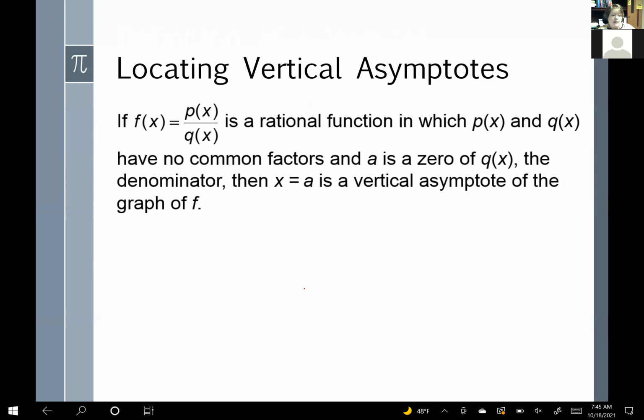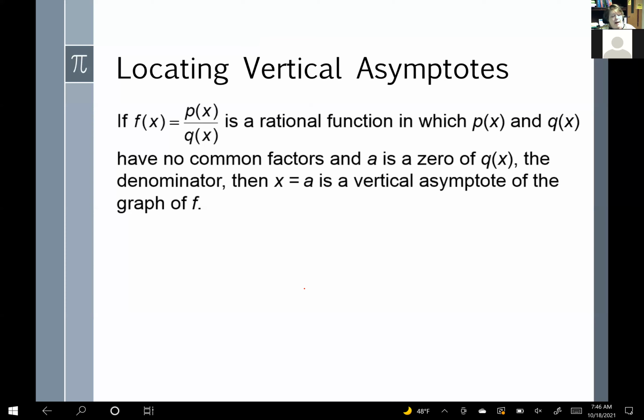You're going to set the denominator equal to 0, and that will give you a vertical asymptote. So if f of x is p of x over q of x, p of x and q of x are polynomial functions, and p of x and q of x have no common factors, and a is a 0 of the denominator, then x equals a is a vertical asymptote of the graph of the function f.